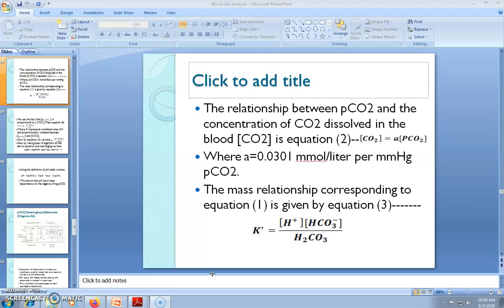The mass action relationship corresponding to equation 1 is given by K dash equals H plus times HCO3 divided by H2CO3.